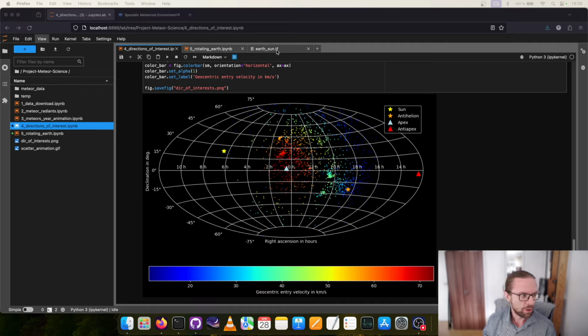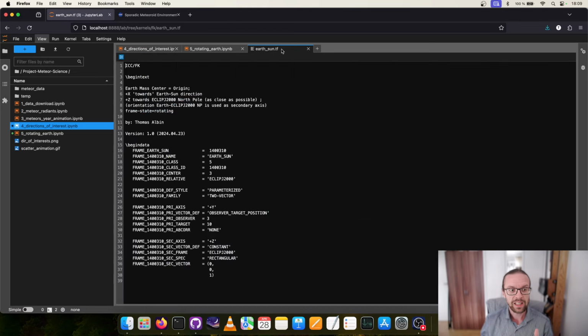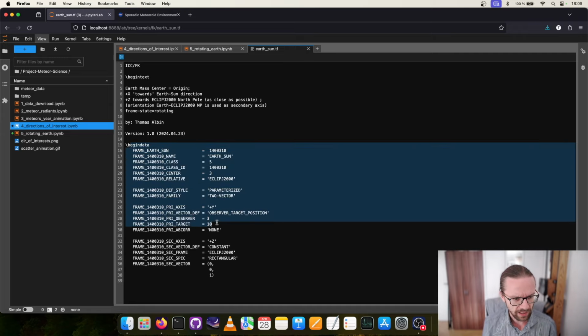earth_sun.tf. This kernel is stored in the main directory kernels/fk, and there you find earth_sun.tf, and I would suggest let's have a look into this kernel. Here we have some meta information, which doesn't really matter for now, but what's important is our data here.